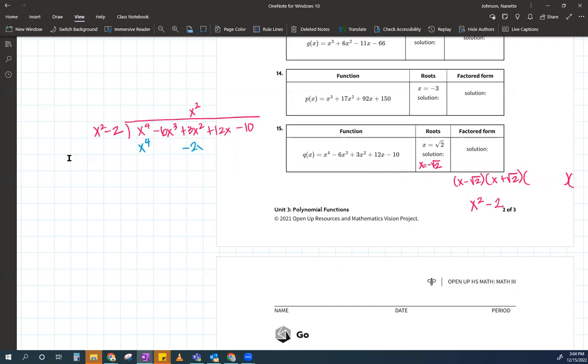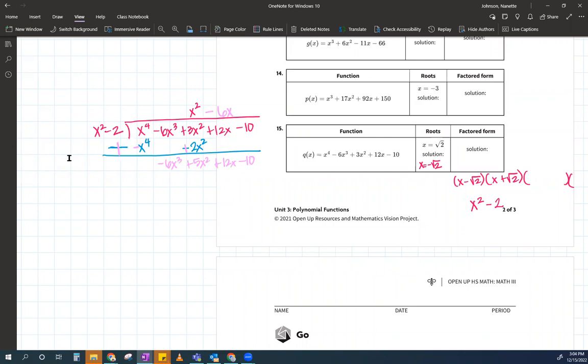And I'm going to subtract, so that means I'm going to add everybody's opposite. Then I get negative 6x cubed plus 5x squared plus 12x minus 10. And then you continue and you're like, oh, this must be minus 6x. Let's see, minus 6x. Yep.